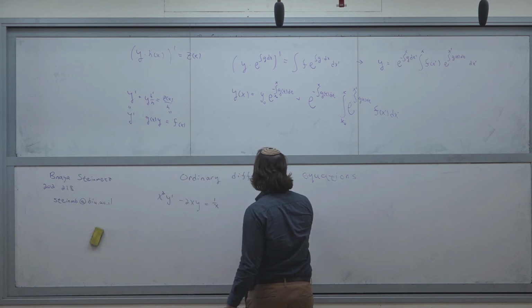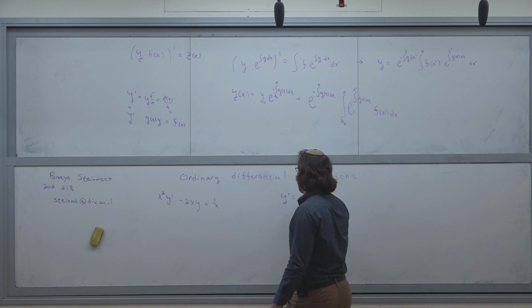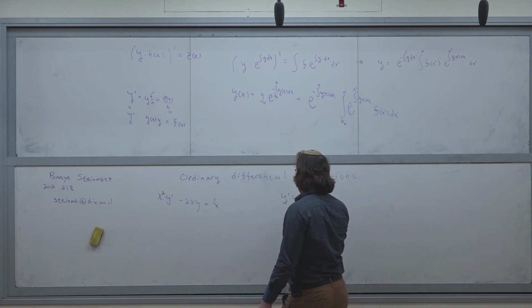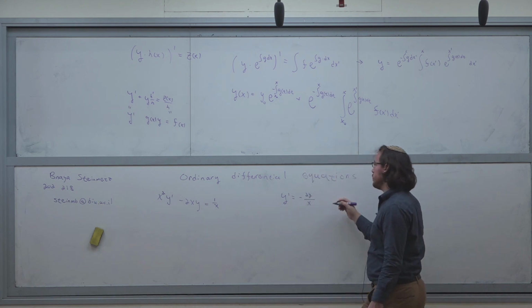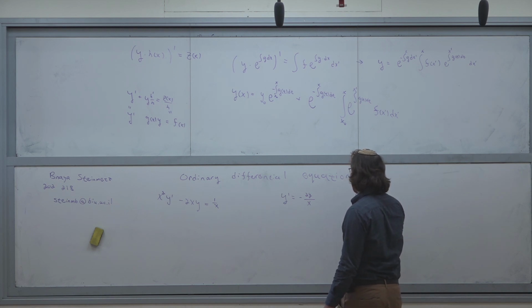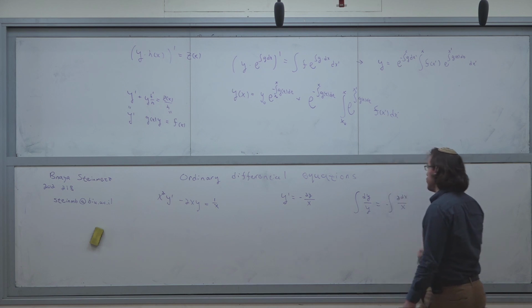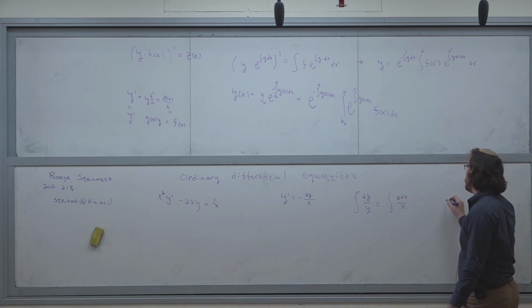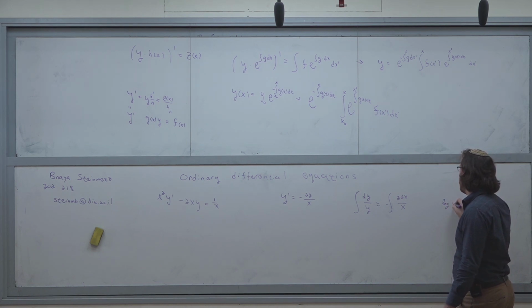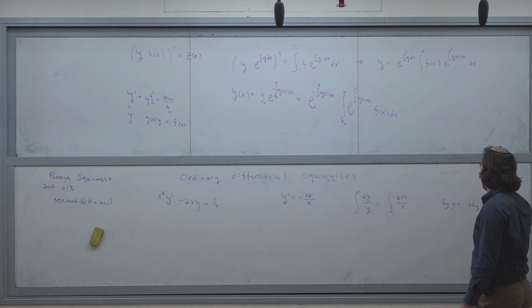So the homogeneous case is just y prime is equal to, is equal to, so this is log y equal log x.